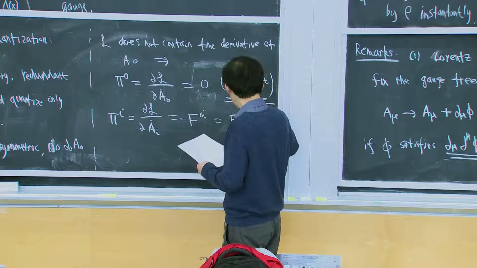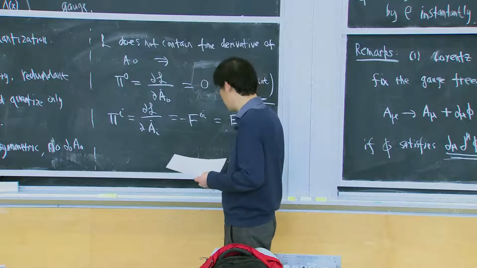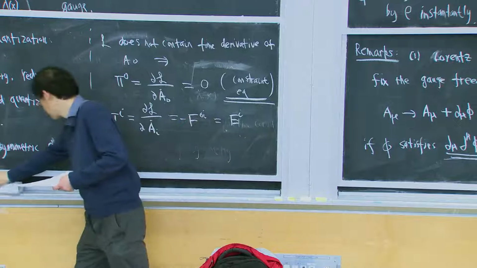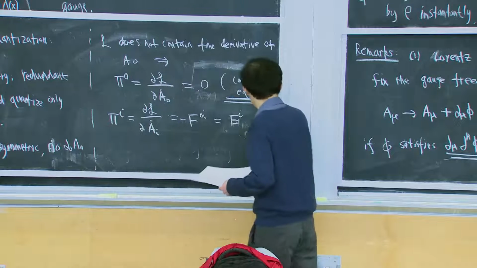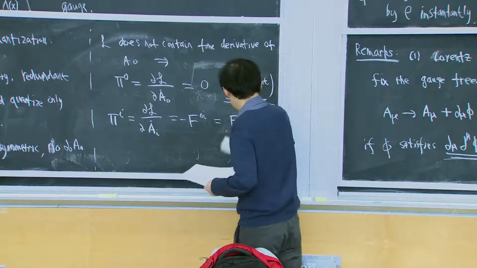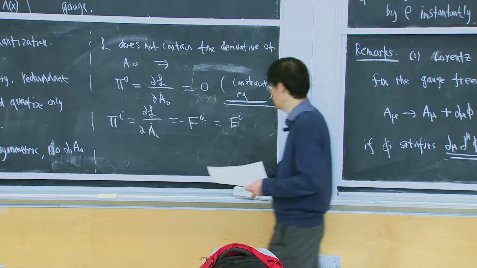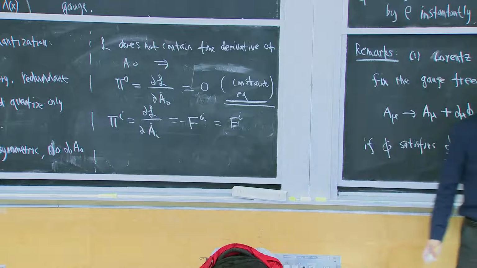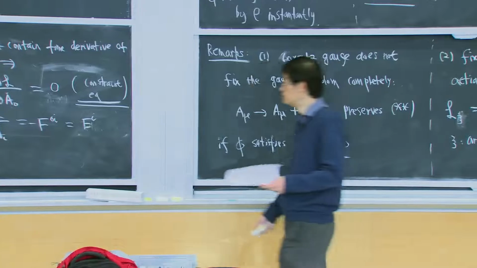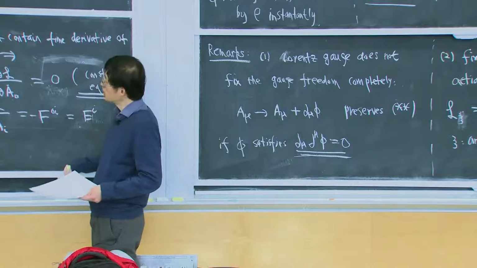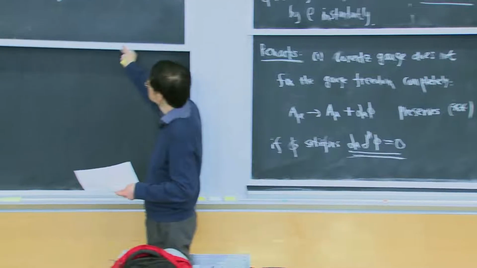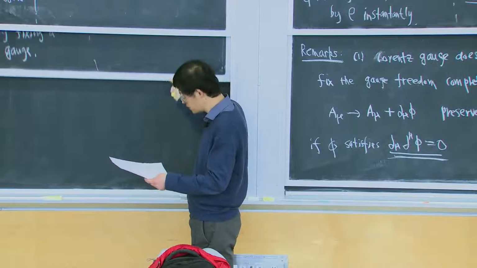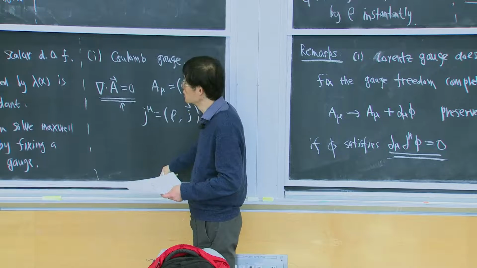So the canonical momentum corresponding to A_i is just the electric field. So with this warning, let's proceed to quantize the theory.